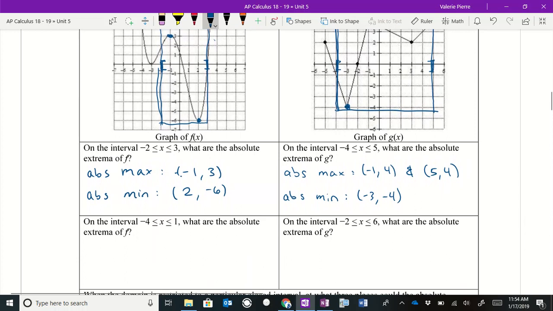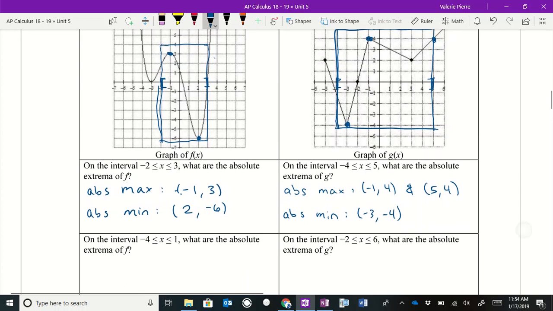So now we're going to switch up the intervals a little bit. So now I want the interval from -4 to 1. So here's -4, here's 1. I'm going to box in the part of my graph that exists on that interval.